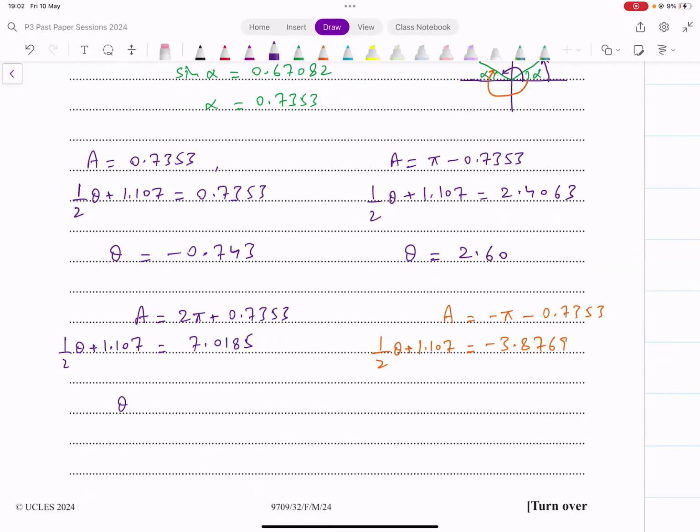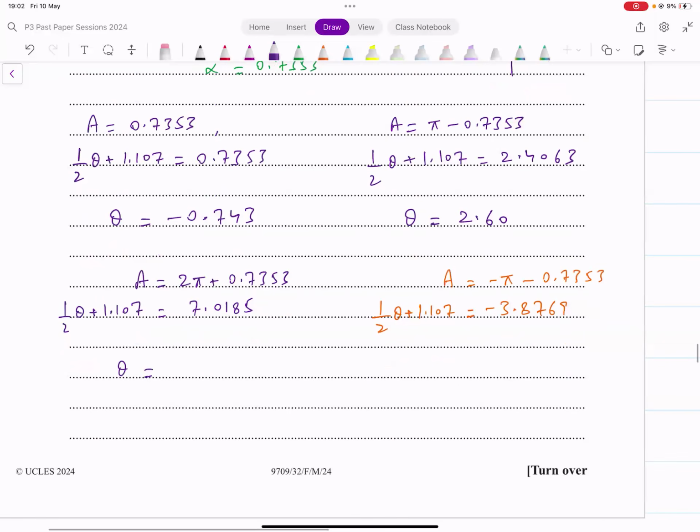That's another possible answer. 7.0185 minus 1.107 multiplied by 2 is giving me 11.823. I can say this is 11.8. And then the final one, minus 3.8769 minus 1.107 multiplied by 2, is minus 9.97. These are 4 possible answers that we're getting from this.